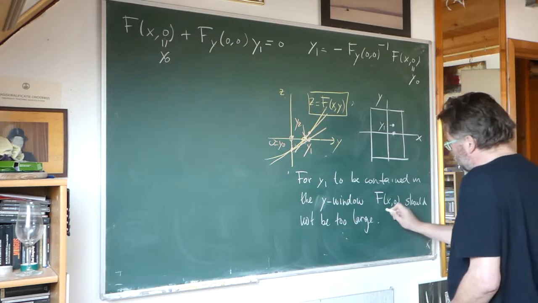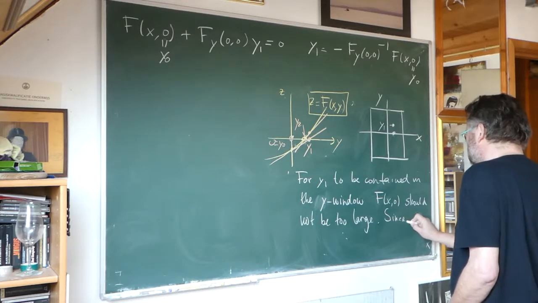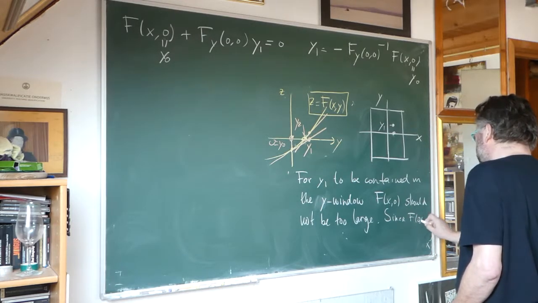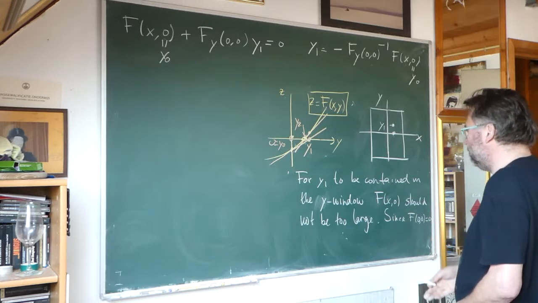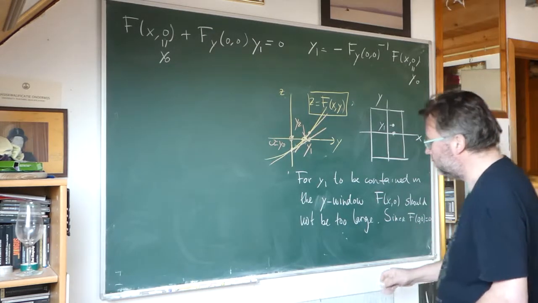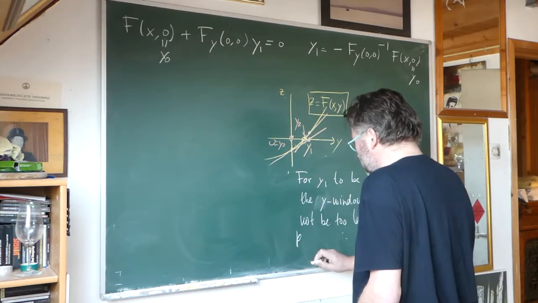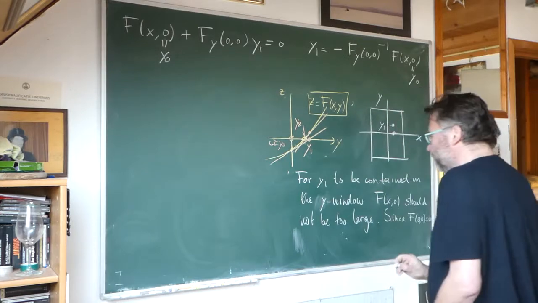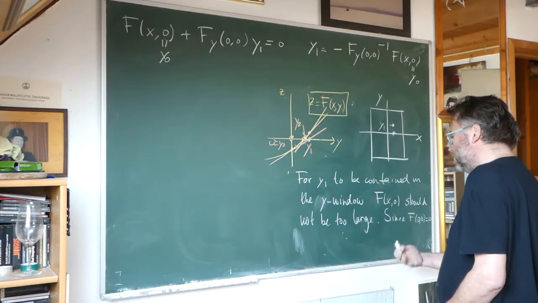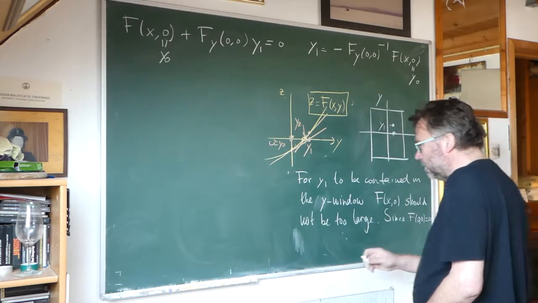Since f of 0 and 0 is equal to 0, this has to do with continuity. So this can be established by using the continuity.